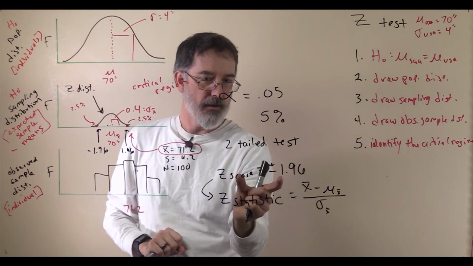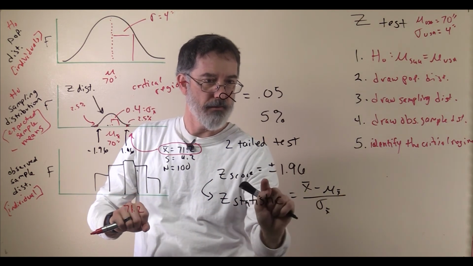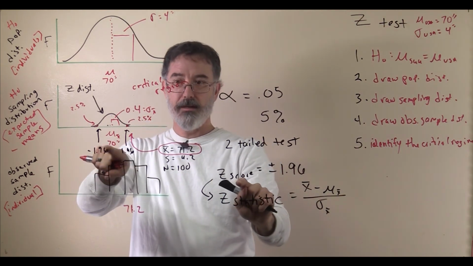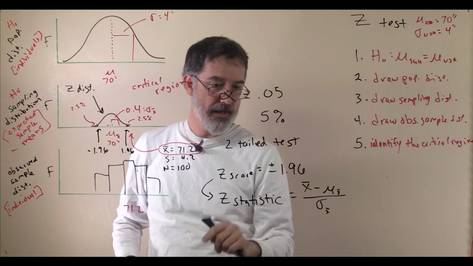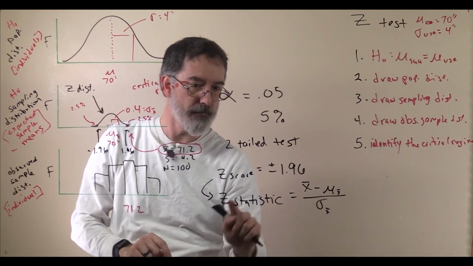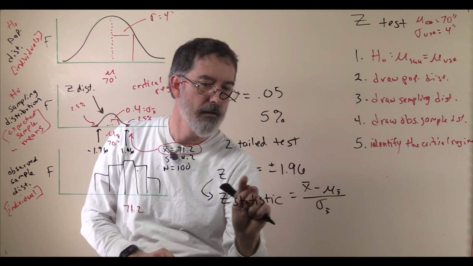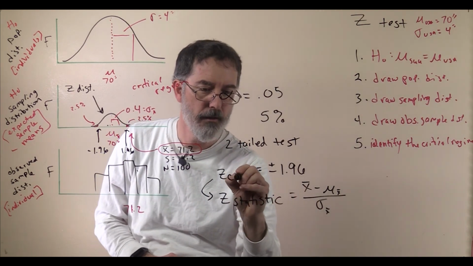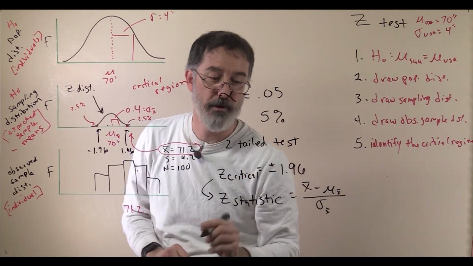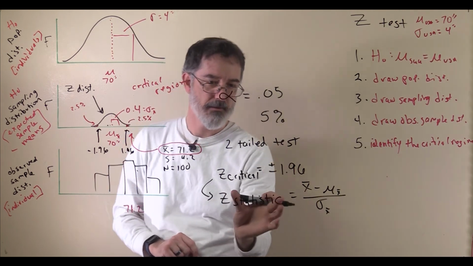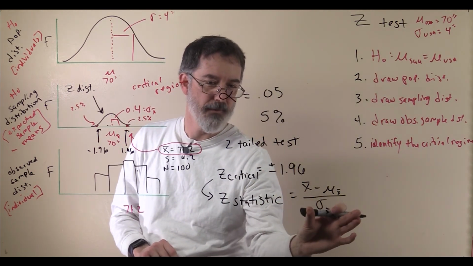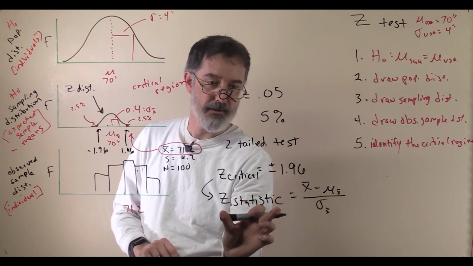So we have our z-score, those cutoffs, and these cutoffs have a special name. They're a special kind of z-statistic called the z-critical values. So the z-statistic values get this formula. These z-criticals are a kind of z-statistic.